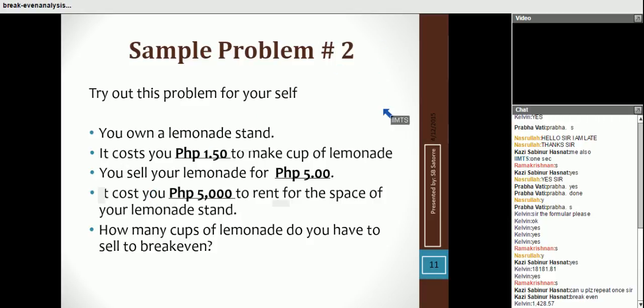Okay, Kelvin said 1428.57. Others found the answers?